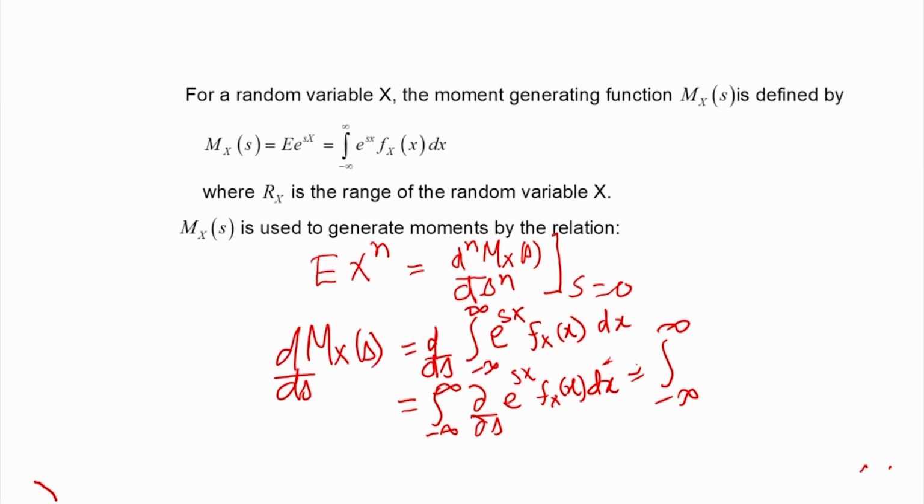If I take the partial derivative with respect to s, we will get x into e to the power sx f_X(x) dx.